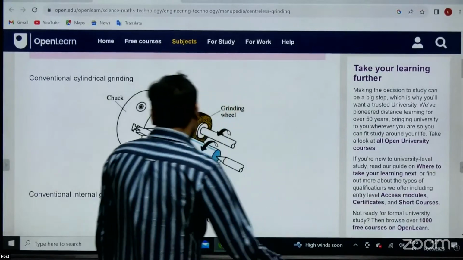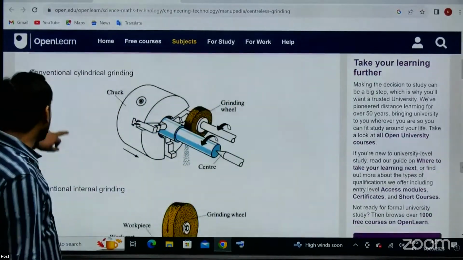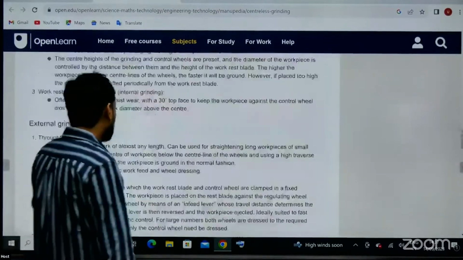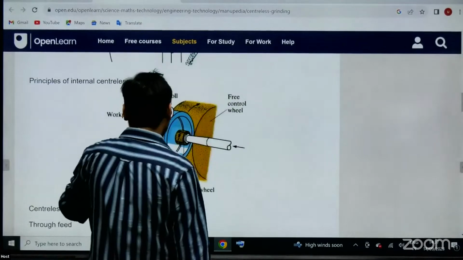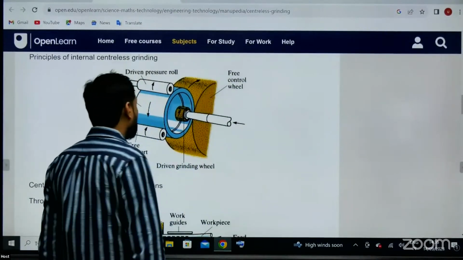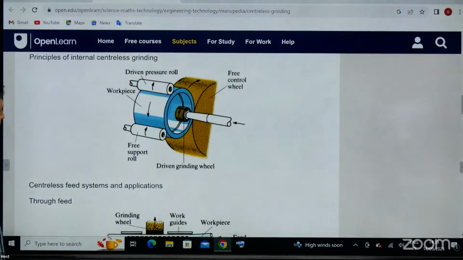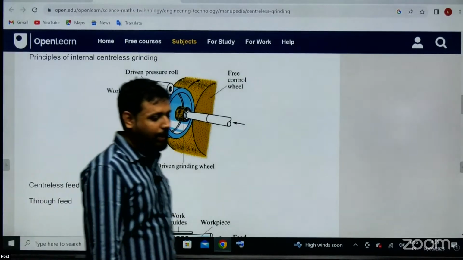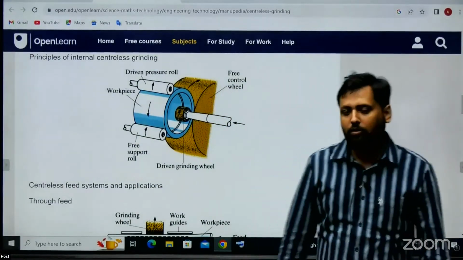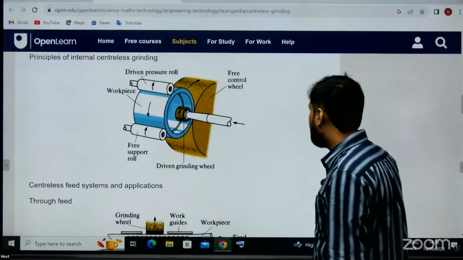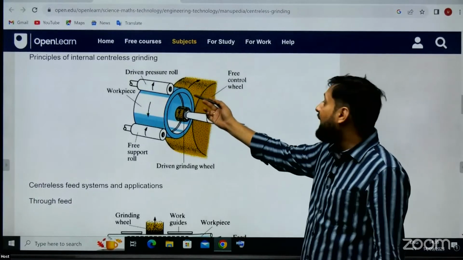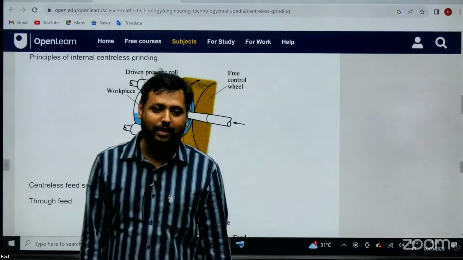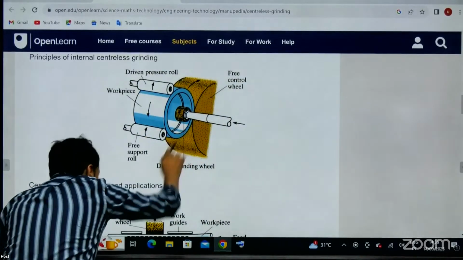So you can observe, it's not like centerless grinding will only happen externally. You can also do centerless internal grinding. As you can see, this is the workpiece surface. And since you have to do internal grinding, what kind of workpiece will be there? Obviously hollow. So this hollow workpiece is there. Outside, a large size control wheel is there and inside a small size grinding wheel is there.